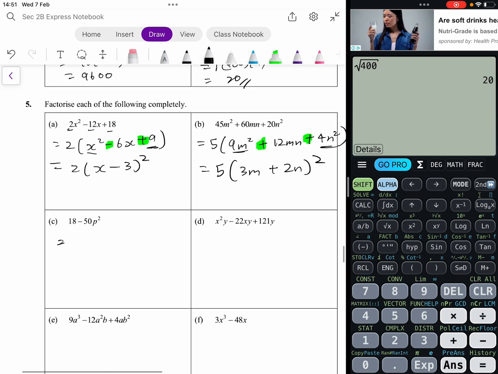This one, factorize out the 2. 9 minus 25p squared. Notice only two terms, perfect square. 2, 3 plus 5p, 3 minus 5p.